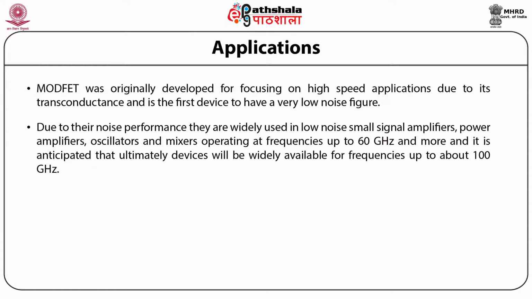Due to their noise performance, they are widely used in low noise small signal amplifiers, power amplifiers, oscillators, and mixers operating at frequencies up to 60 GHz and more. It is anticipated that ultimately devices will be widely available for frequencies up to 100 GHz.